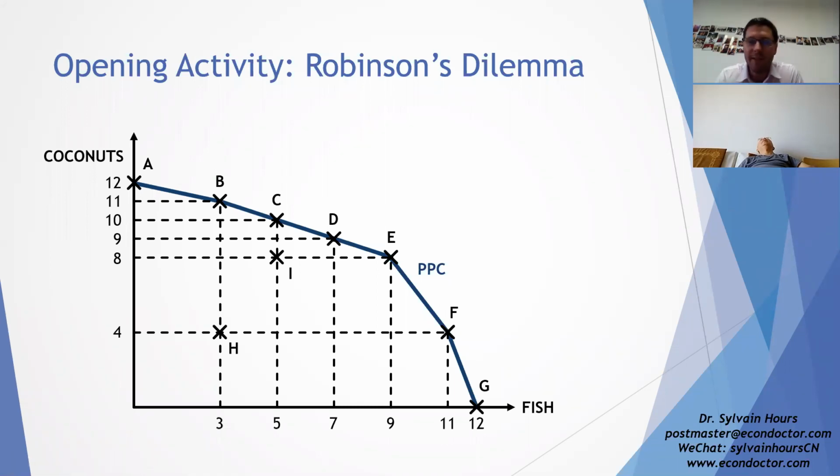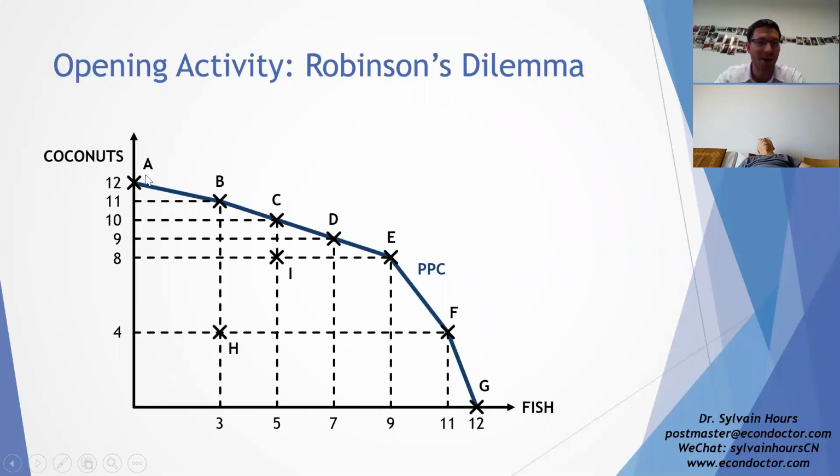So beyond the requirement of not wasting resources, we also need to choose the combination of goods and services that is the best for us. So for example, if I am allergic to fish, I should probably choose combination A, right?